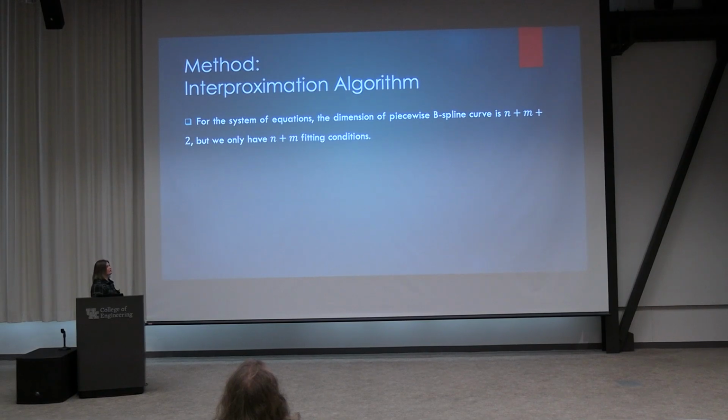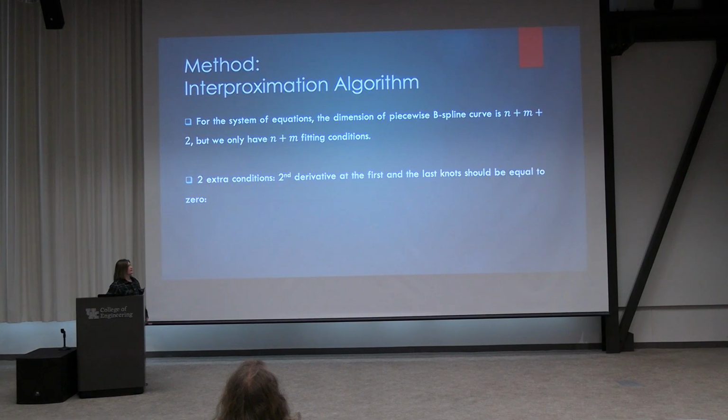But we only have n plus m fitting conditions because that is how many points we have. Like in traditional interpolation, we will introduce 2 additional conditions by saying that the second derivative of this function at the first and the last knot has to be 0. And we will incorporate that into the formula for our B-spline.